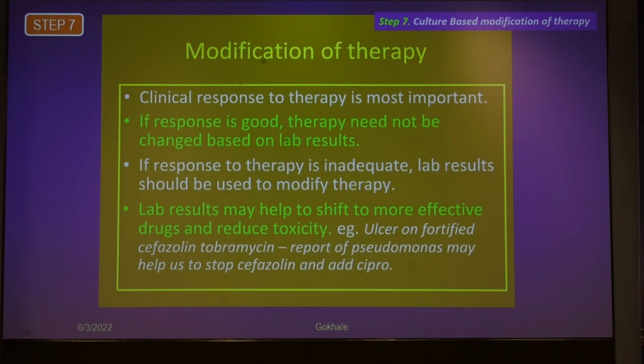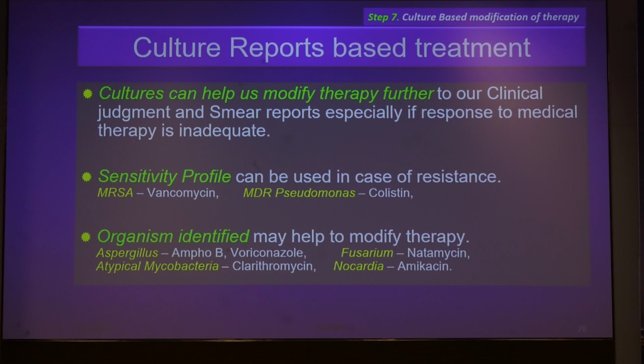Once we have the culture report, we need to see what to do. It's important to understand that clinical response to treatment is most important. If the patient is improving, do not change anything, just continue with it. However, if the patient is not improving, the report can definitely help us to select alternative medications which may be more effective. And sometimes it might help us to stop some medications which probably are not effective, but just adding to the toxicity.